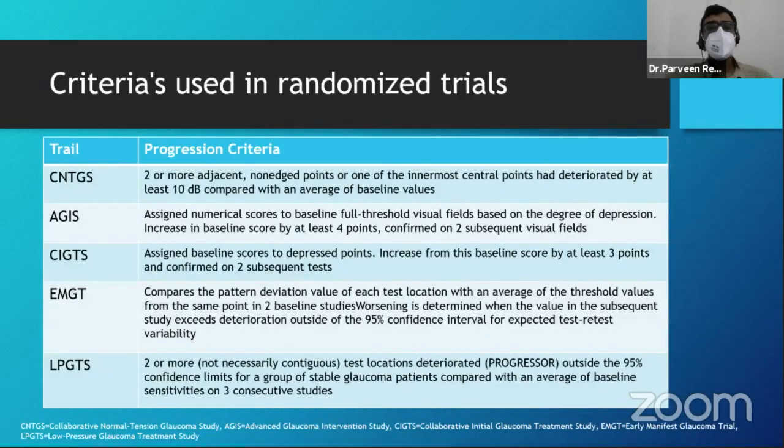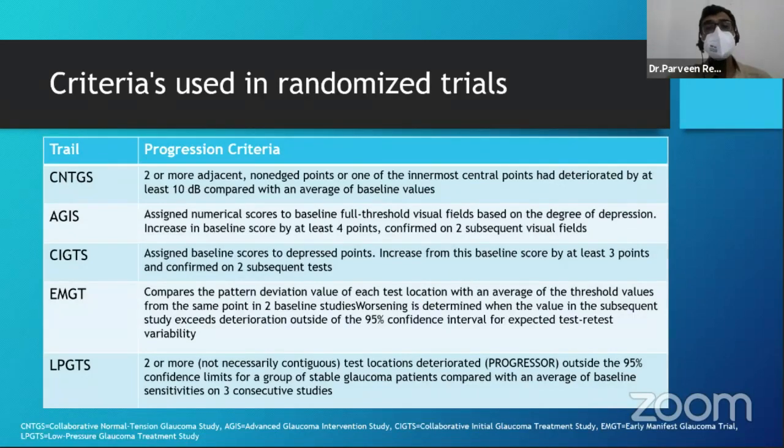The problem with the criteria used in the randomized glaucoma trials is that they are very stringent, because we have used a very specific experimental condition. So they may not be as friendly to use in clinical practice easily. There are so many criteria used in different clinical trials, and most of our treatment guidelines and practices are actually based upon these criteria given by these trials.